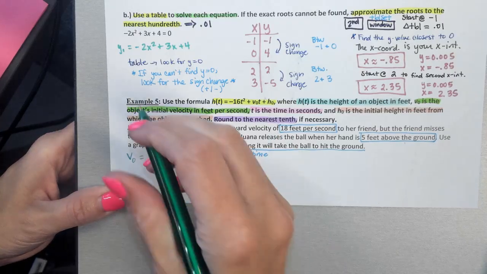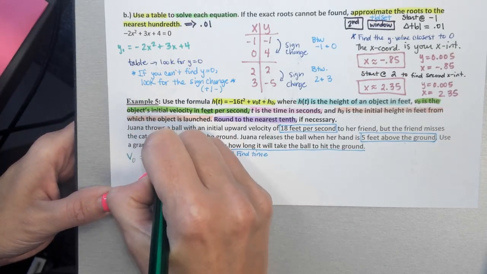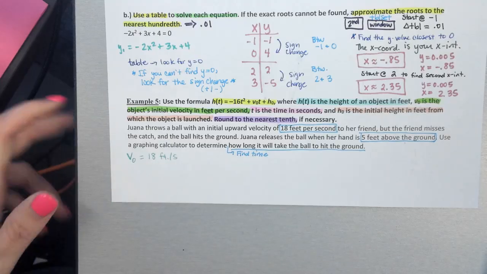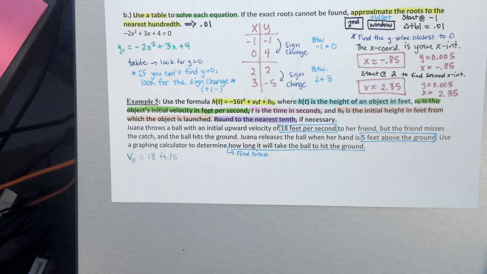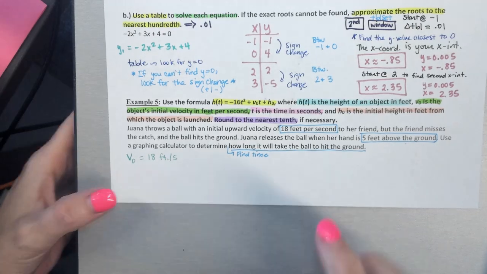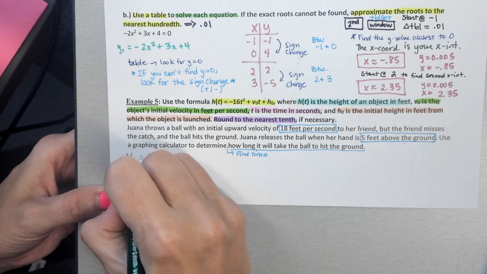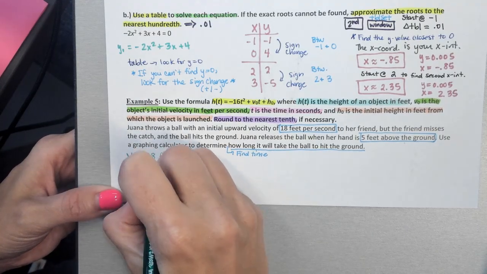So that is 18 feet per second. And then it says her hand is about 5 feet above the ground, and that is going to be the initial height in feet from which the object is launched. So that's going to be your h sub 0.